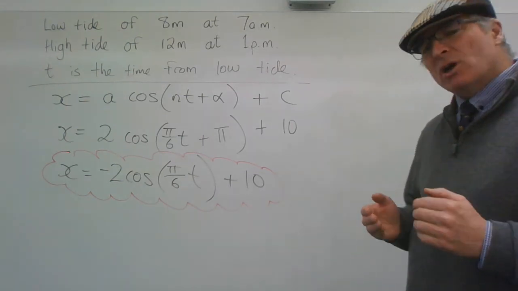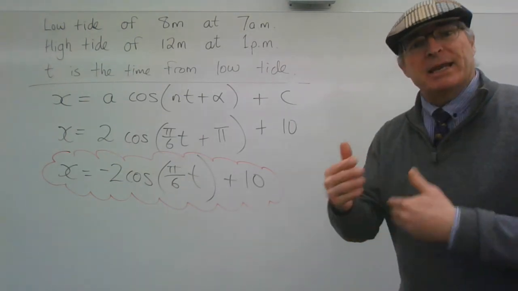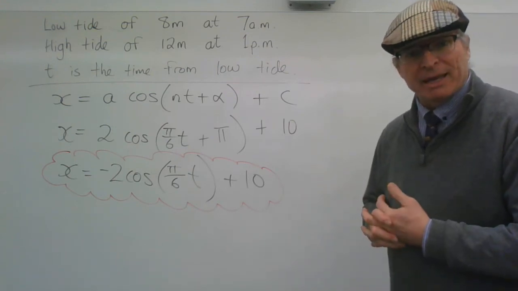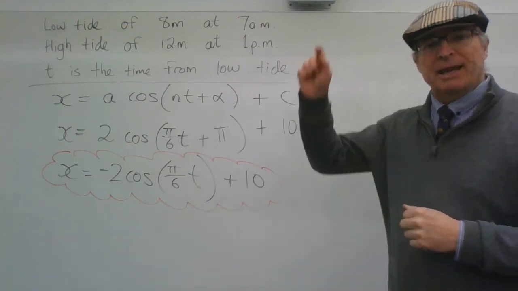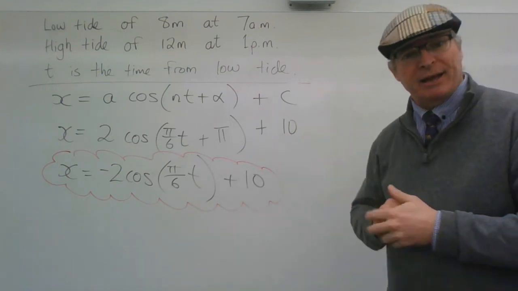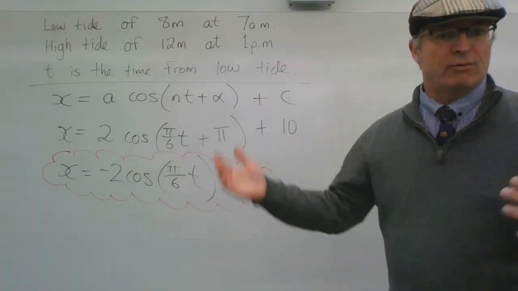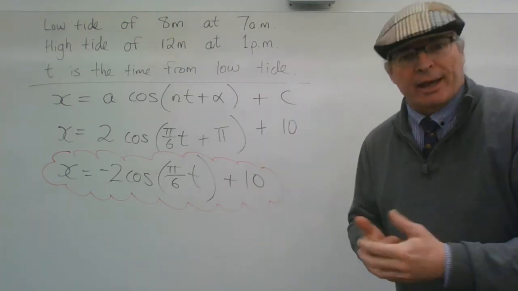Be careful sometimes because there's going to be a number of possible times where the water will be 11 metres, because this thing goes up and down and up and down. So it'll be 11 metres at various times over a few days, if you like.